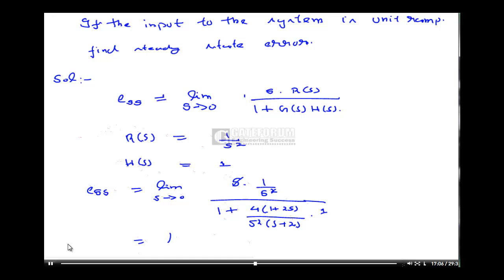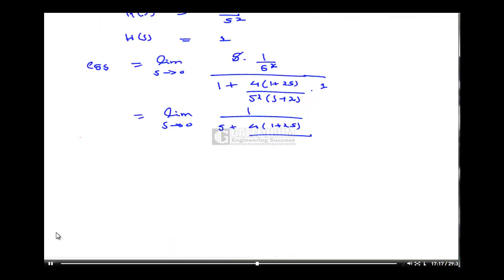So I am having limit s tending to 0 of 1 by s plus 4 times (1 plus 2s) upon s into (s plus 2). On substituting the value of s, I will get this as 0. Thus steady state error in this case is 0.